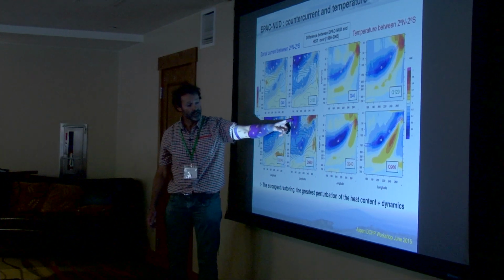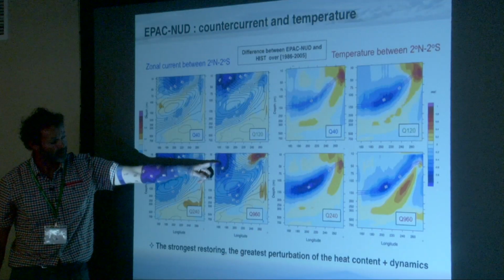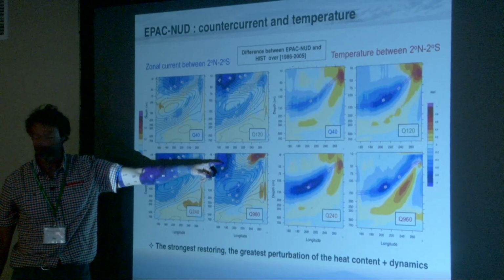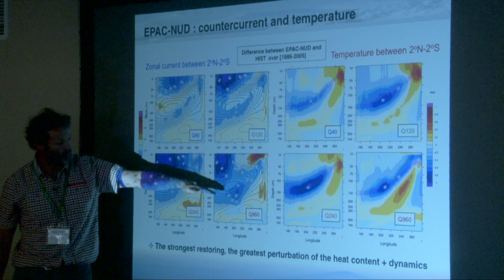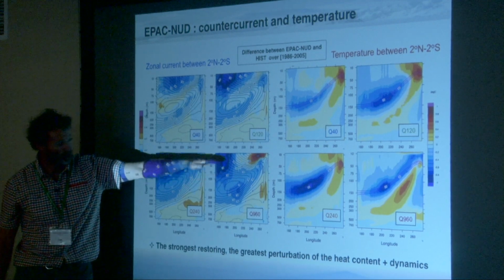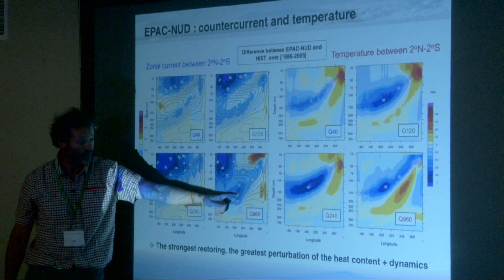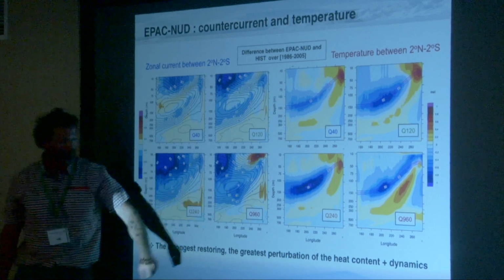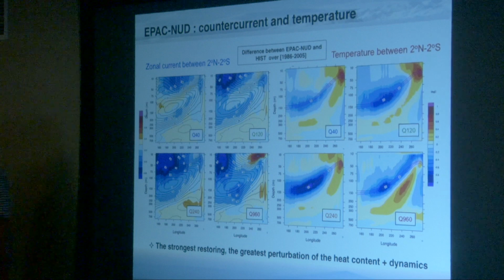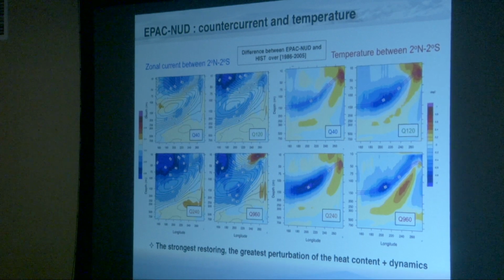And the change here is significant. It's about 25% in that case in the upper ocean, and for the undercurrent here it is about 15 to 20%. So it's not minor, I would say.